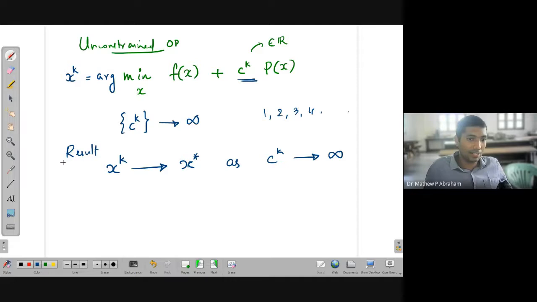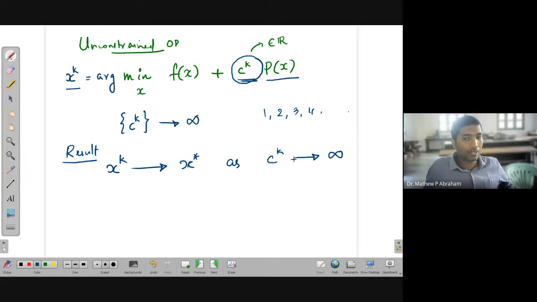This result is being used in the penalty function algorithm. We have the constrained optimization problem. We will construct the unconstrained optimization problem using the parameter ck with the help of penalty function p of x, and we will solve the optimization problem to obtain xk, and we will consider the sequence which converges to infinity.